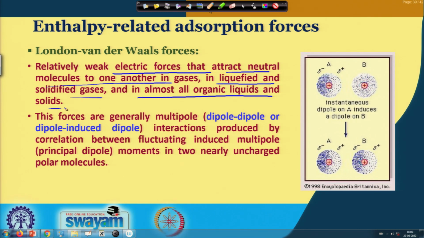So, basically here you can see there are neutral molecules, and when there is an instantaneous dipole on A that induces a dipole on B, then there is an attraction. So, that is called the London van der Waals force.